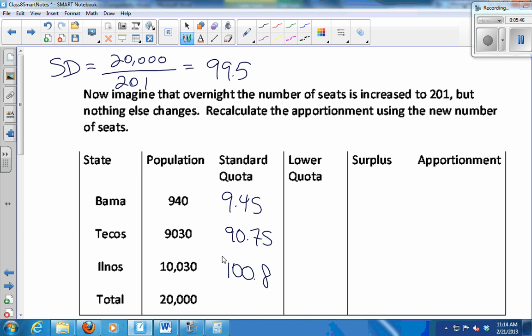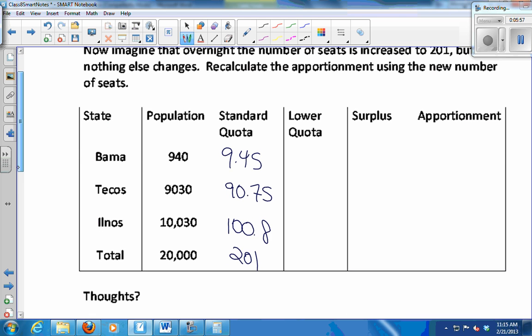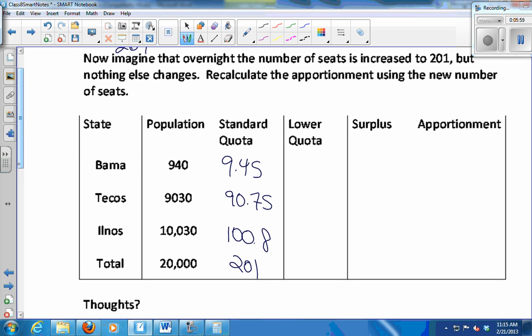And when we add those up, we should get 201. Or you'll get something super close to 201 because we did round some of these numbers as we were writing them down. You do? Okay. We must have rounded in a nice way.